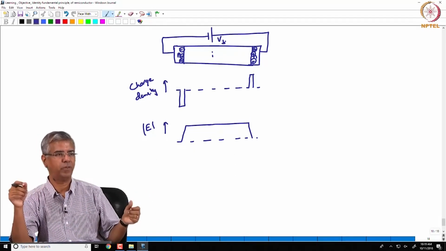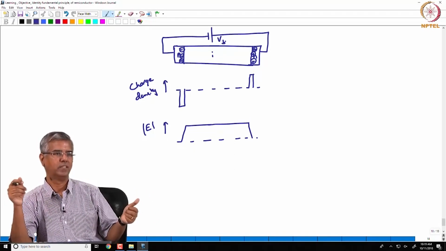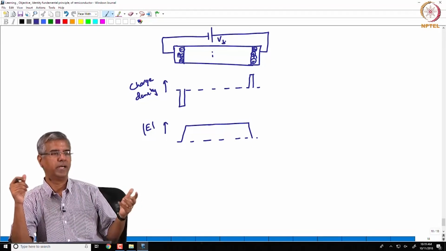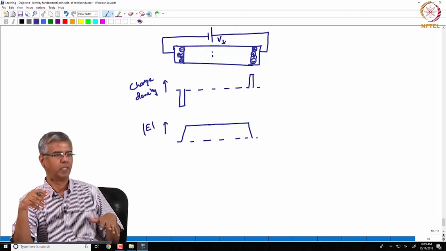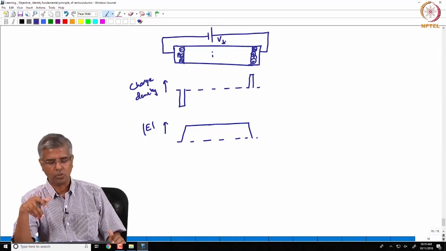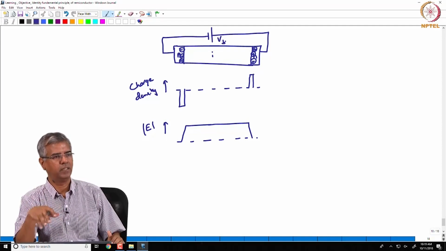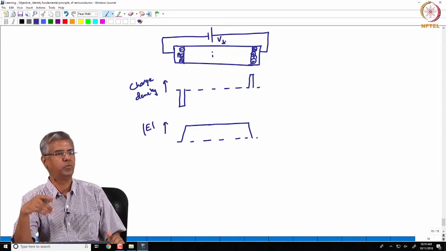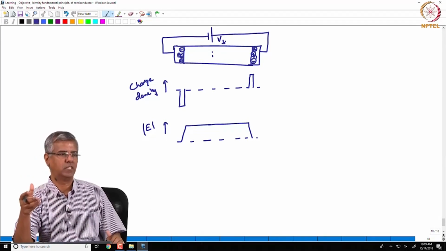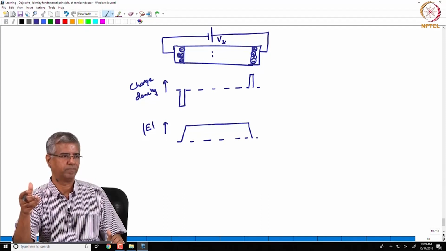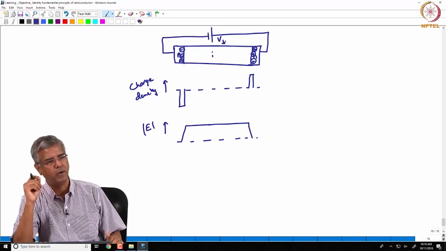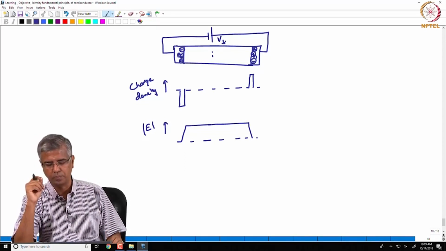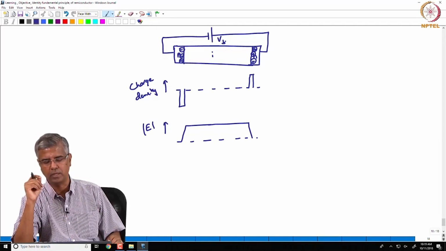If you have an electric field, what happens? You are encouraging the drift process. So, there is very negligible diffusion happening. Intrinsically, this sort of structure is going to give you a very fast response time, okay. So, that is one of the major advantages of going to a PIN photodiode.